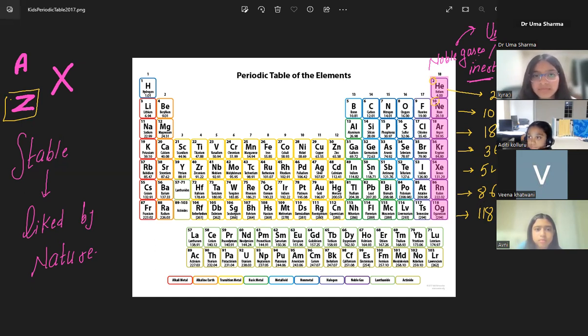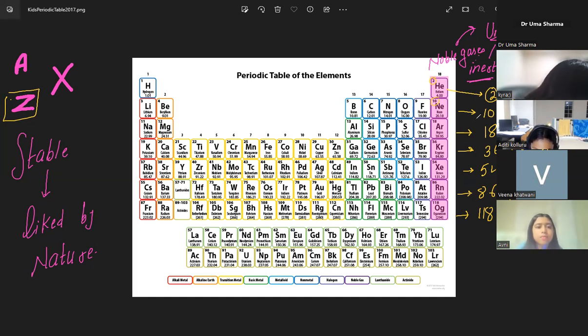Somehow these numbers are called magic numbers in chemistry. Magic numbers. People are still trying to figure out why these gases are stable with these electrons. Now we know the reason also, but still some very big questions are still there in nature, right? Mysteries.